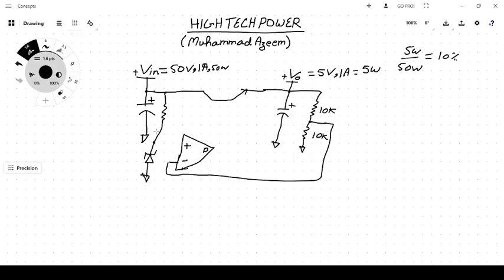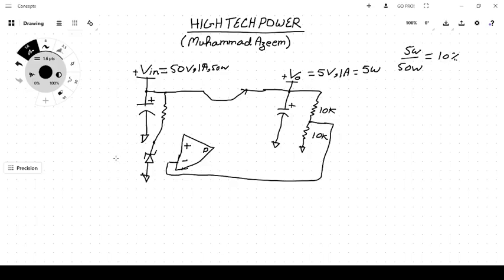and it will remain fixed whether the input voltage changes from say 30 volt to 50 volt; the zener voltage at the cathode side would remain fixed.